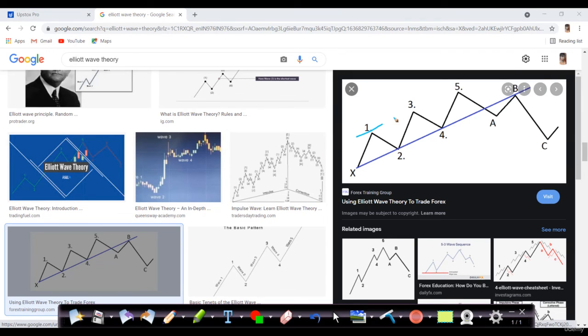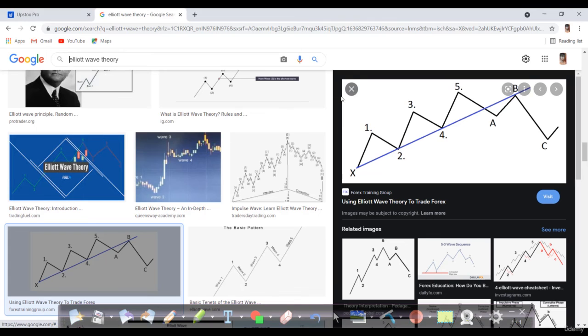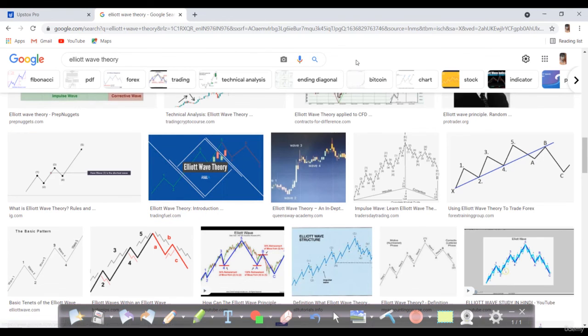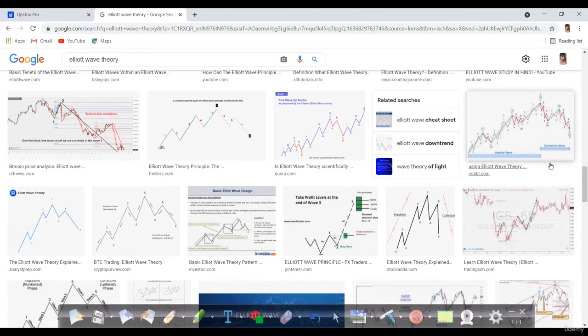If I mark this one, then first, second, third, fourth, fifth, and retest, and the market will move downside. Even with a trend line, the market is indirectly following the Elliott theory. The reason Elliott theory is so important is that it is nothing but a combination of price action, or let's suppose that price action is following the Elliott theory. This is a pretty simple and straightforward example.